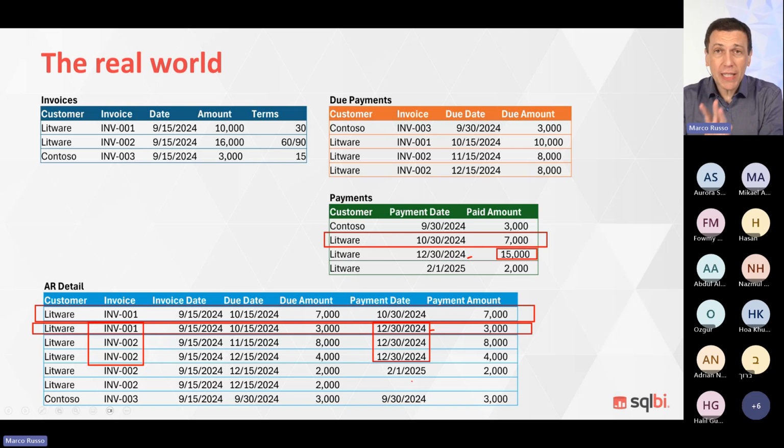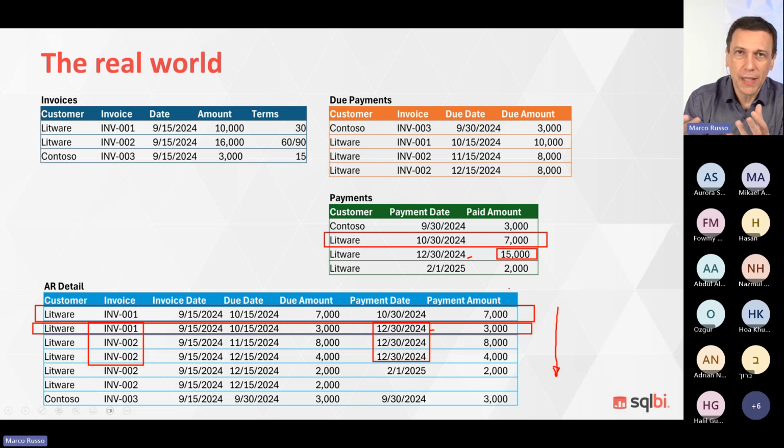So only by creating this AR detail table, I actually have the information that I want in order to do the analysis, because at this point, when I want to evaluate how much was late, for example, at a given date in October or in November, I will just scan this table once, and I will extract the information of payment amount that intersect with the condition that I will show in a moment, the analysis I want to do, and then I sum the number.